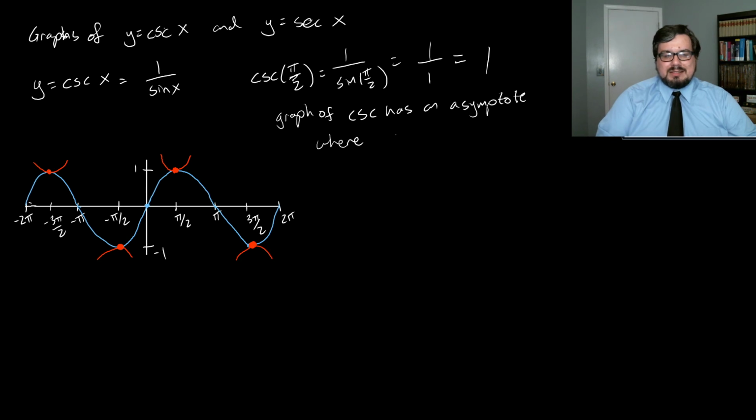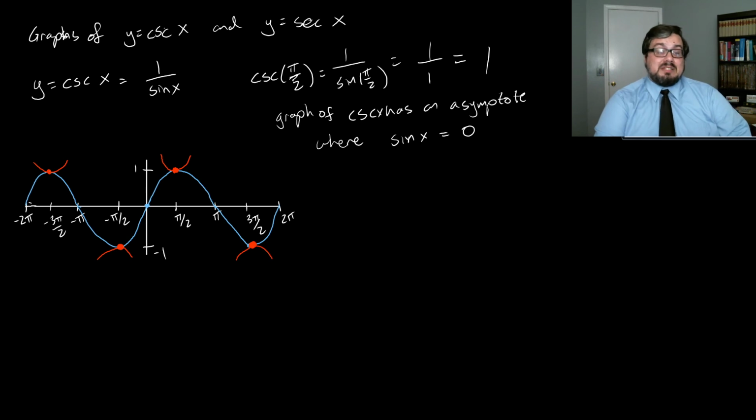Where sine equals 0. So remember that cosecant is 1 over sine of x. If sine of x is 0, then cosecant is undefined. And in particular, if sine of x is very, very close to 0, then cosecant will be 1 divided by a very, very small number, which is in fact a very large number.